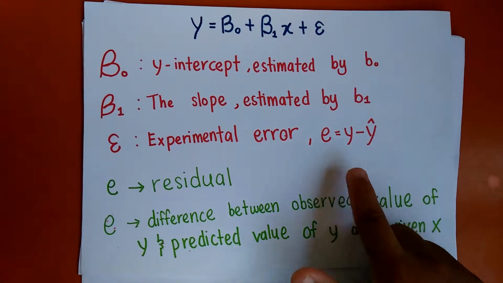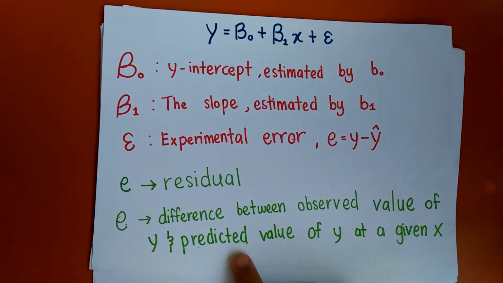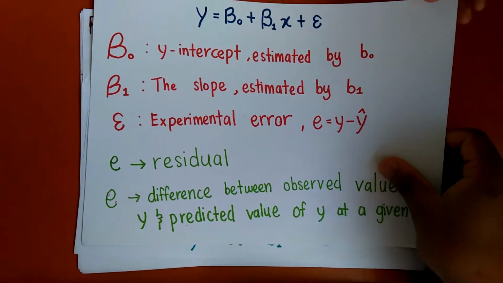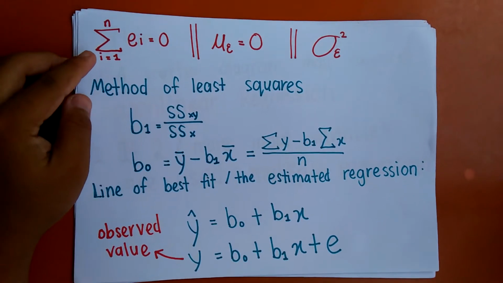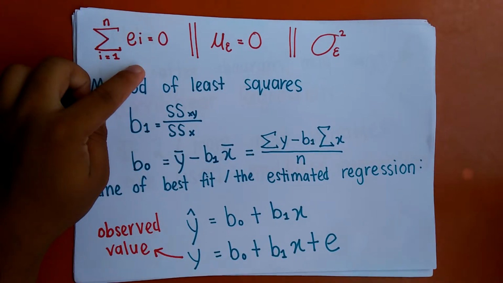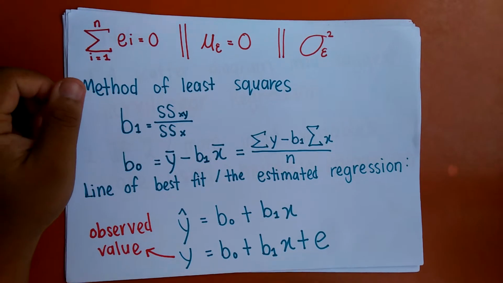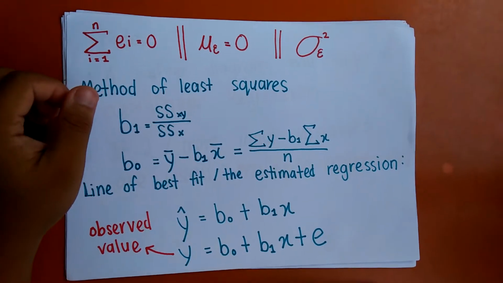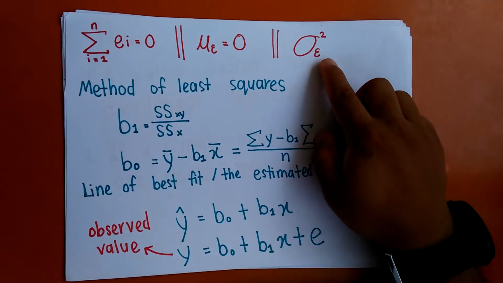And e is the difference between the observed value of y and the predicted value of y at a given x. So, the sum of residuals is exactly 0, and the mean value of experimental error is 0. Variance of experimental error is denoted by this.